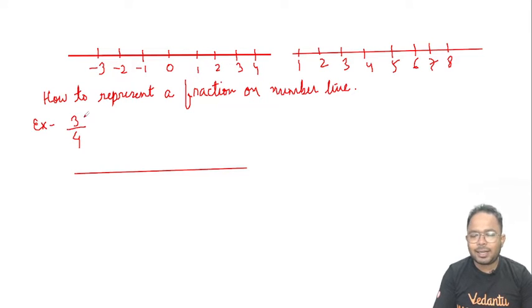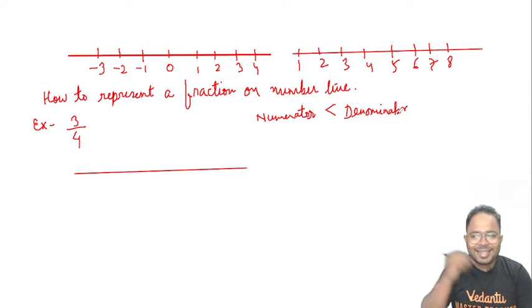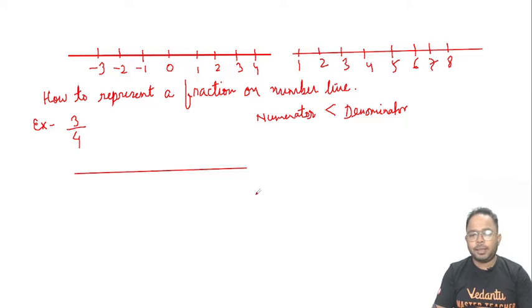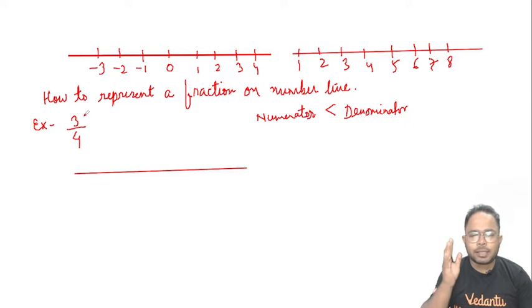If we have a numerator less than the denominator, in that case, the fractions are represented in between 0 and 1.